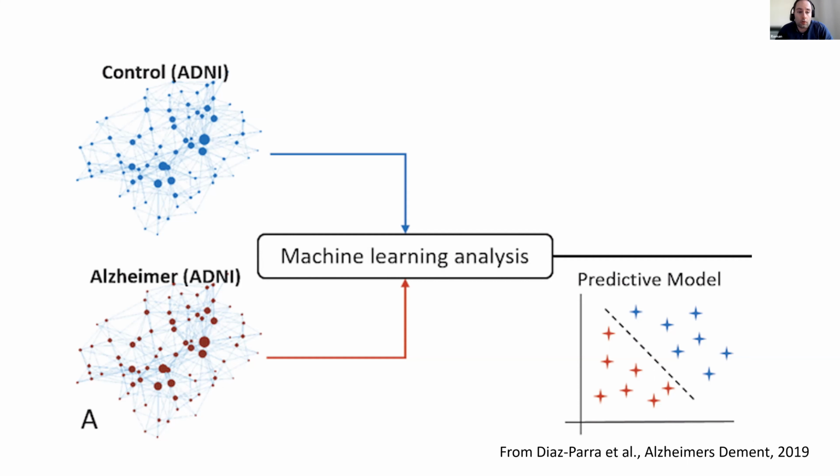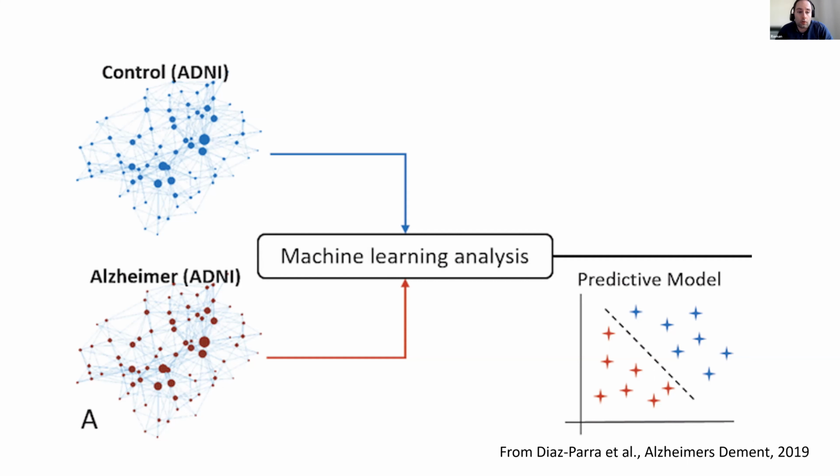And indeed, we show in this publication that we can actually diagnose or classify different types of brain connectivity networks based on whether they're healthy or have Alzheimer's disease quite early on, actually.